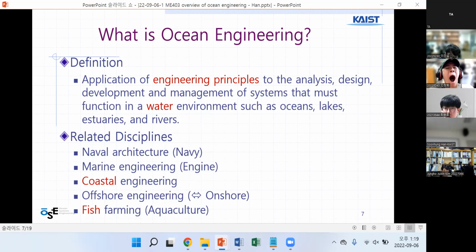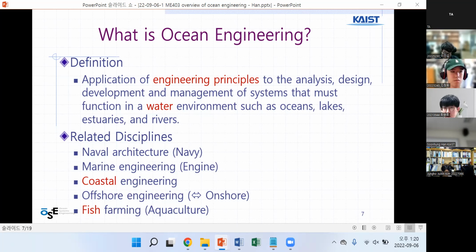Related disciplines are naval architecture, which we already covered, marine engineering, usually called the engine portion of the ship, coastal engineering and offshore engineering. The reverse word of offshore is onshore, right? Onshore, near shore. Offshore, onshore.